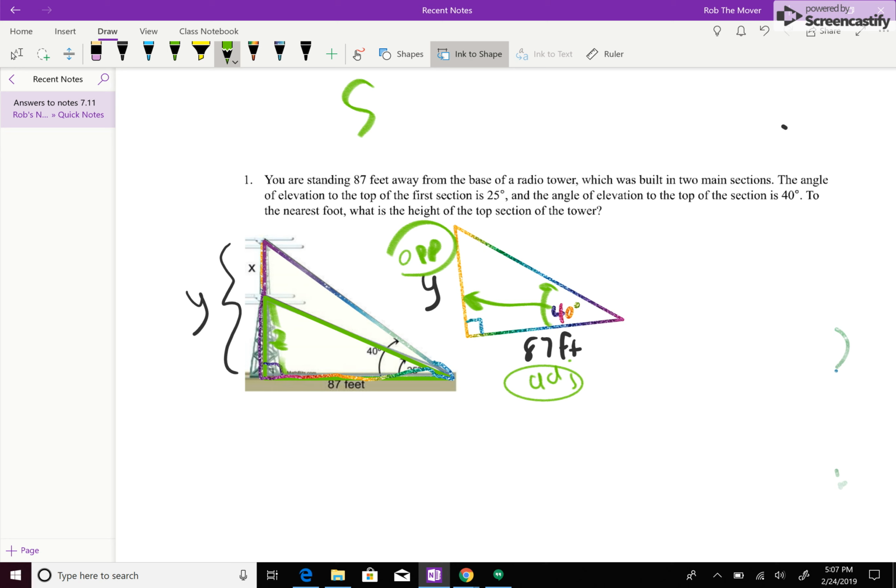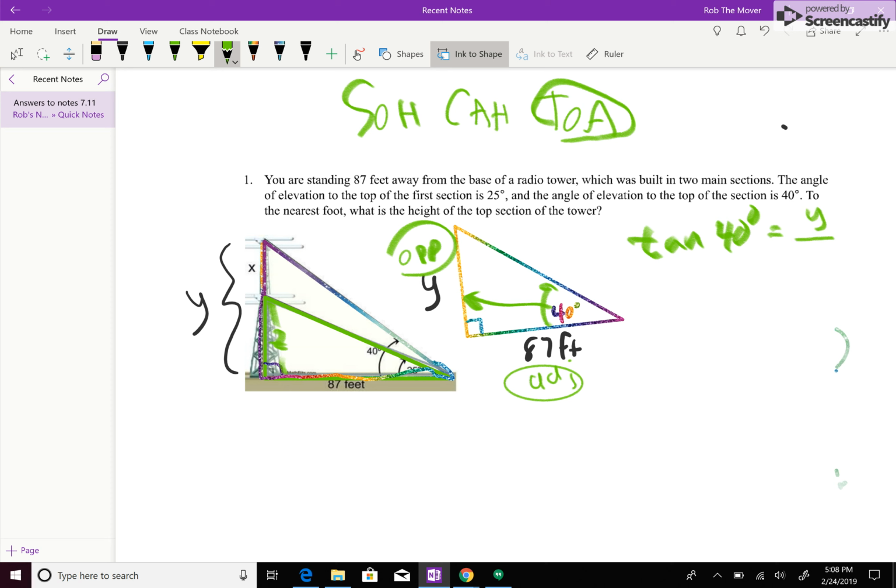And remember SOHCAHTOA helps us to actually calculate certain things, especially in right triangles. Opposite and adjacent, that is tangent. We're going to use the tangent of 40 degrees in this triangle is equal to the opposite, which is Y, all over 87.